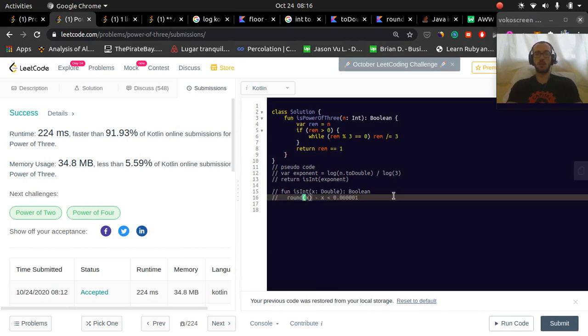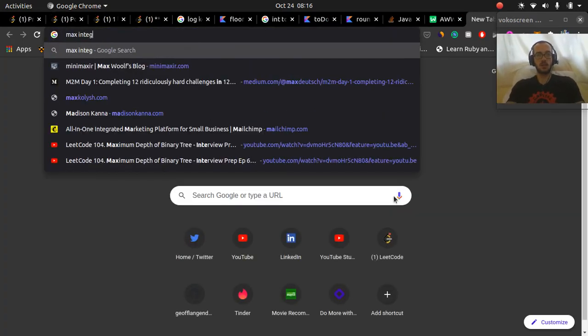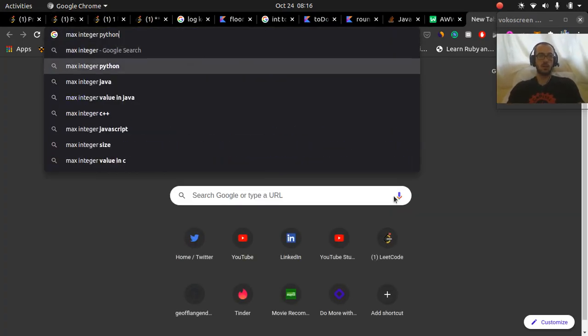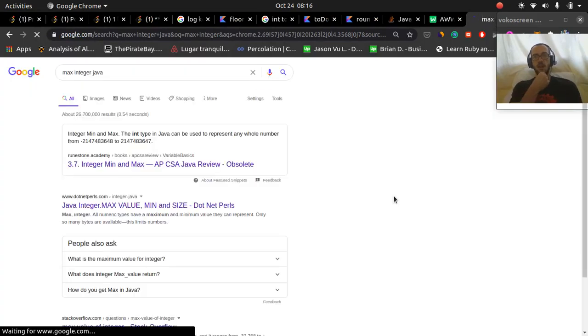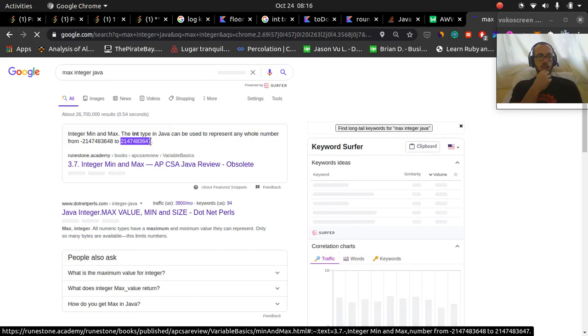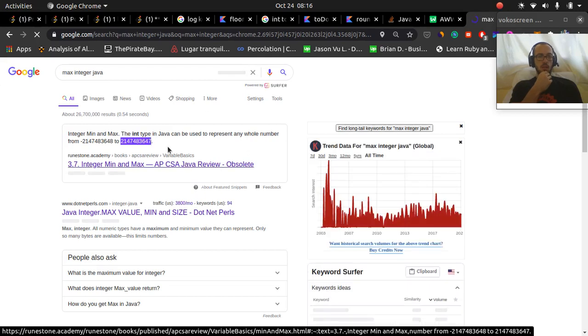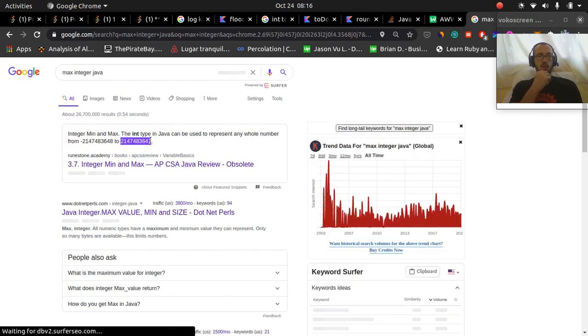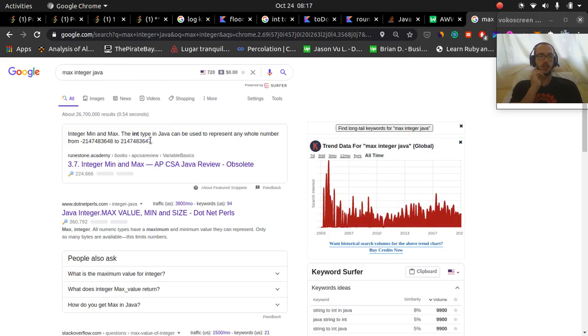And how small? It depends on how big n is. So n is an integer. So what's the max integer value? Max integer in Java is the same for Kotlin. So our number of significant digits depends on this.